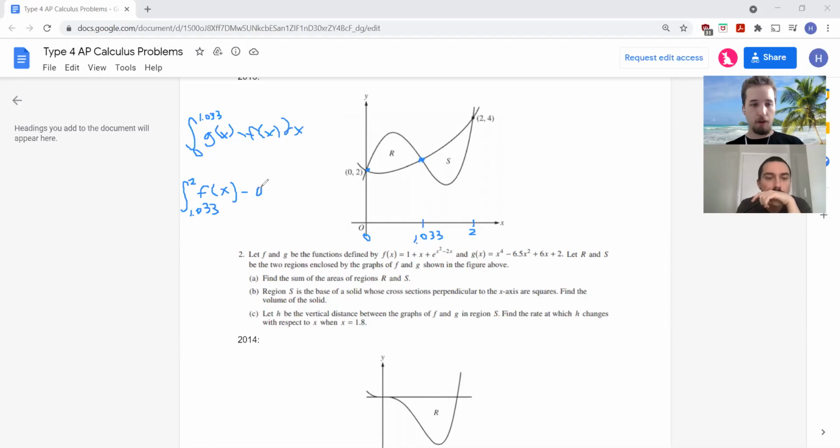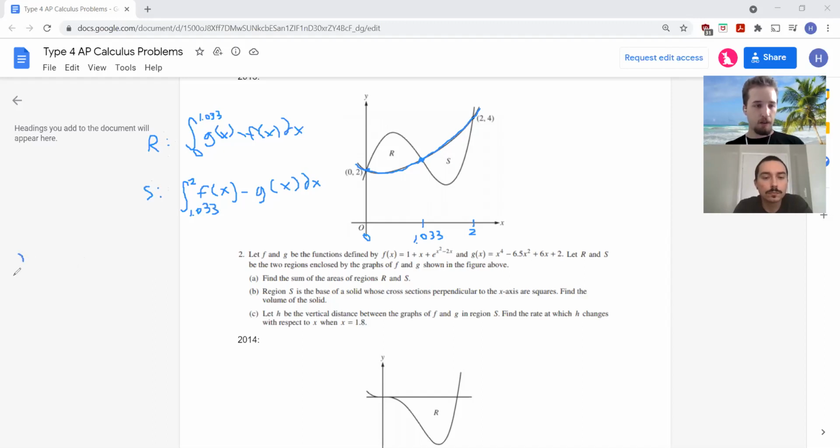And from 1.033 to 2, f of x is actually the top function. Because remember, f of x is our blue here. So it's the bottom function for the first region, for R, and it's the top function for S. So R here, S here.